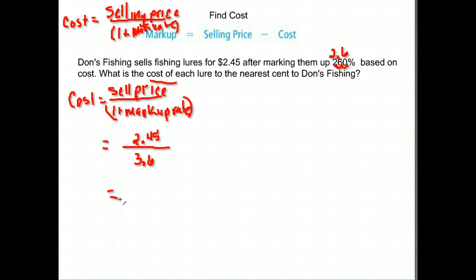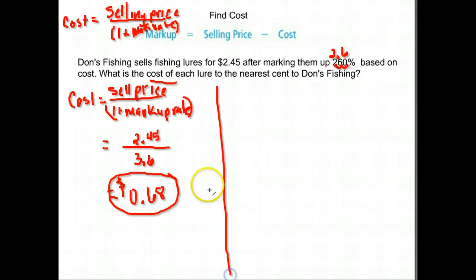Again, put the top number in first, 2.45, then divide, and then 3.6. I get 0.68. So that would be the nearest cent. 68 cents is the cost of each lure.